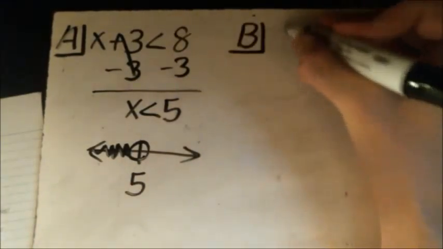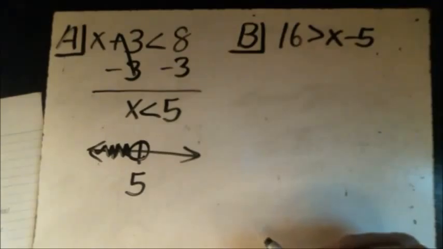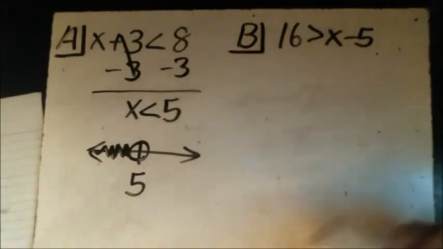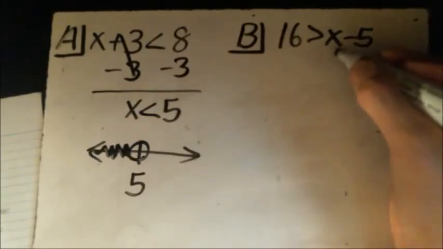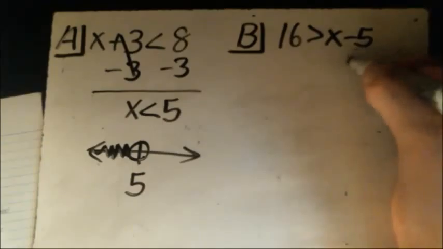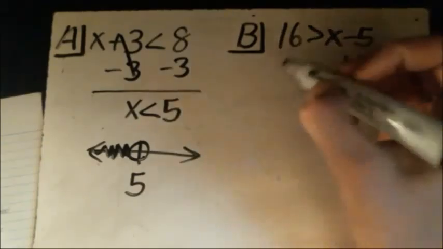Let's take B, for example. So 16 is greater than x minus 5. Okay, so once again, I want to solve for my variable. So seeing that I've got x minus 5, and I want to get the x by itself, I want to add 5 to both sides to get rid of this -5.